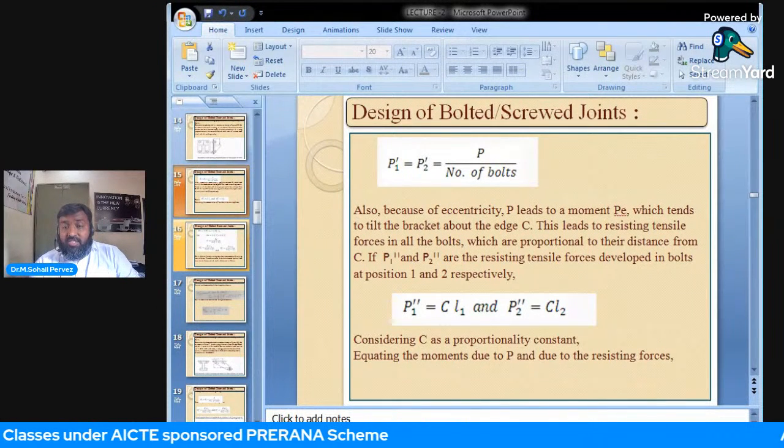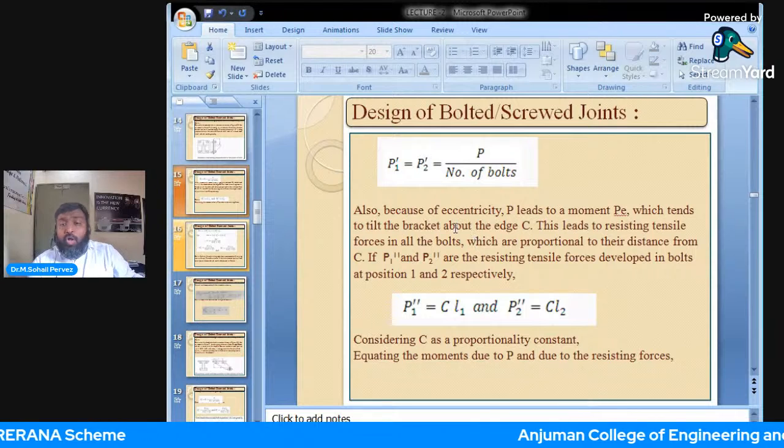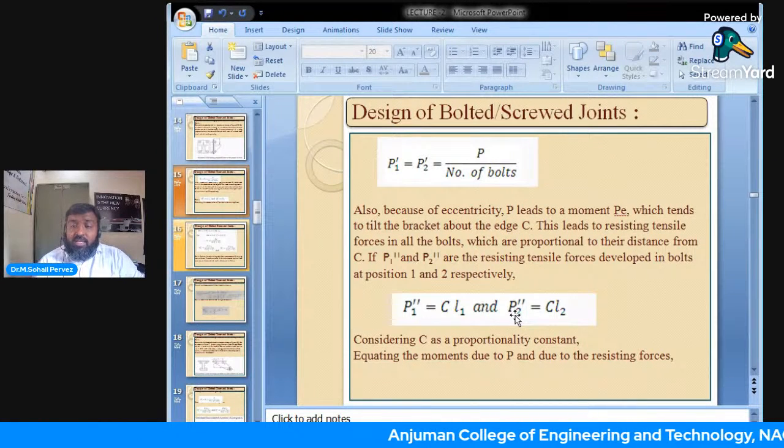P1 dash is equal to P dash is equal to P upon the number of bolts. All the 4 bolts, 6 bolts, 8 bolts will be under shear.